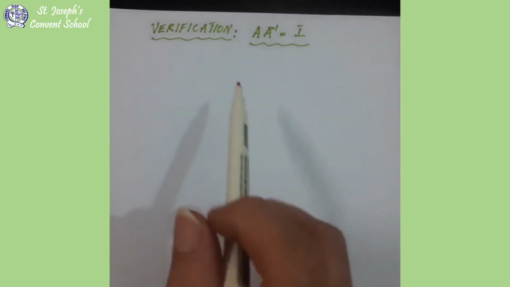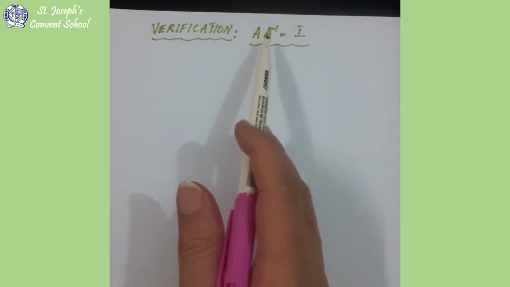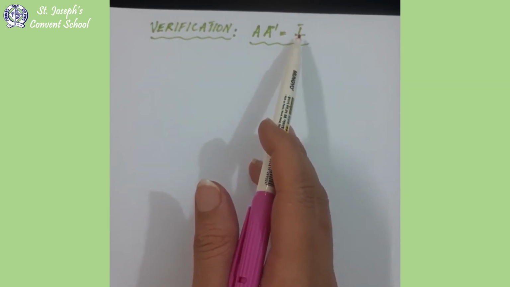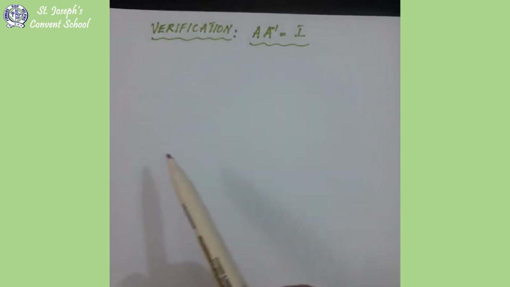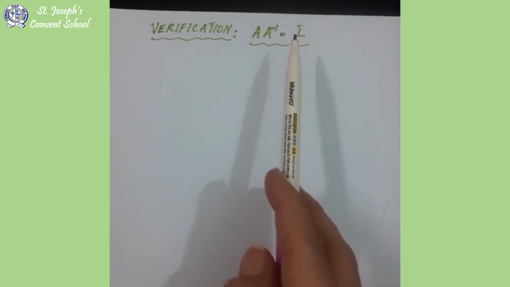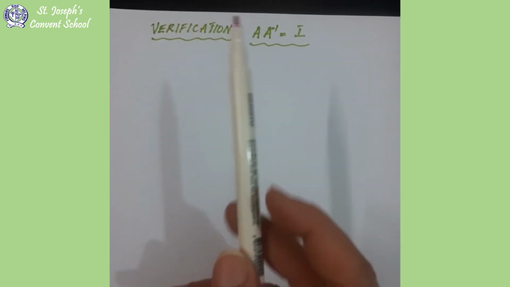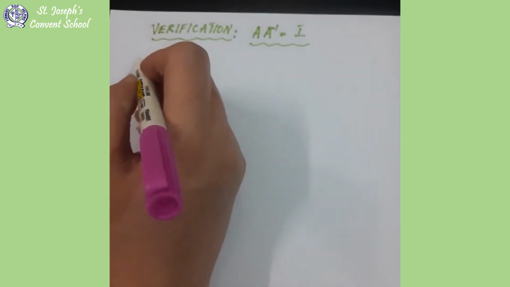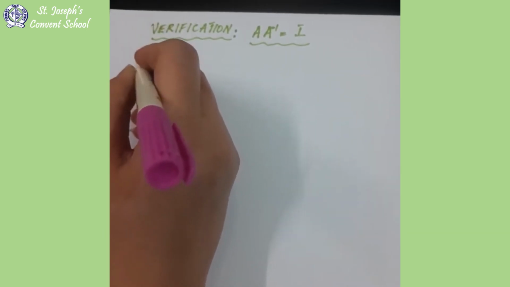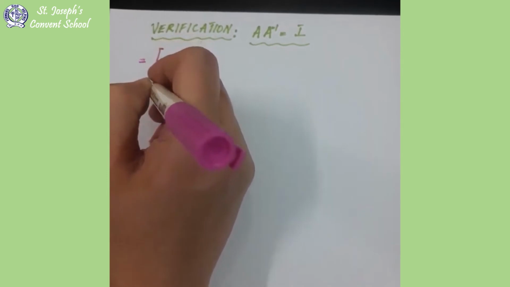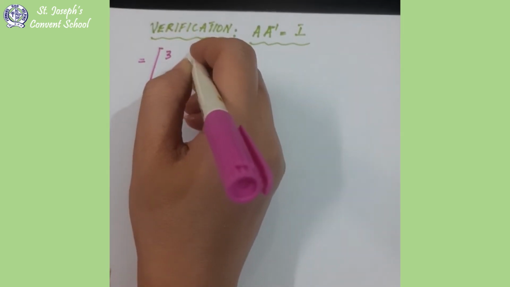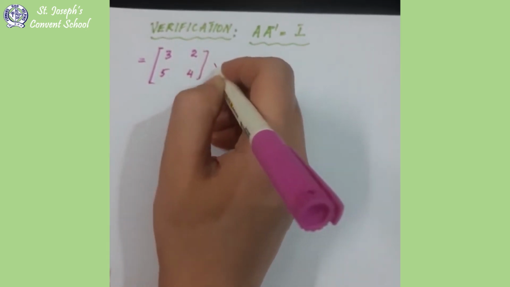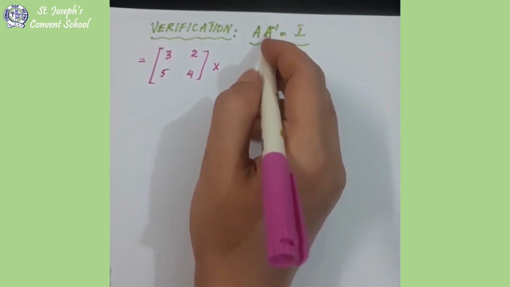You have to verify A into A inverse. A into multiplicative inverse A inverse equals the I matrix. I matrix we have already done in the types. Unit matrix is known as I matrix, that is 1 0 0 1. Now we will multiply these, A into A inverse. Matrix A is the question, 3, 2, 5 and 4, multiplied by A inverse, the answer, the multiplicative inverse.